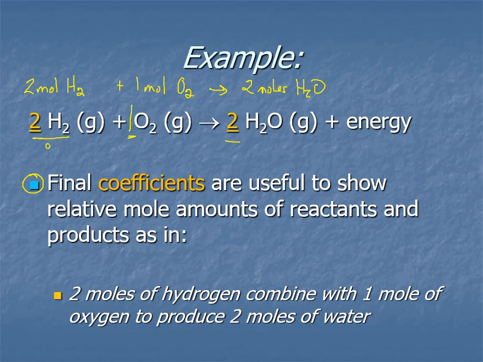This is really thinking about 2 molecules of hydrogen and 1 molecule of oxygen to make 2 molecules of water. We balance by the particle, but it's neat that final coefficients can also include bigger numbers, because we know a mole is Avogadro's number of these, so that's 602 sextillion of these molecules, but that's a mole of it. And it's neat that we can draw that relationship, because that allows us to start doing mass experiments where we can actually weigh things out in the lab.